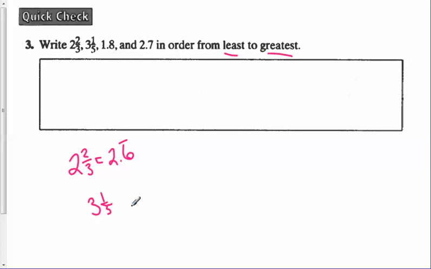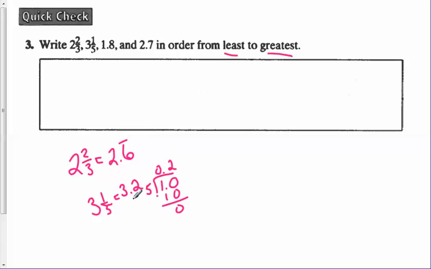I know it's going to be 3 point something, but I need to convert that 1/5 into a decimal. 1 divided by 5: I can't put 5 into 1, so it's 0, add my decimal point and a 0, and 5 goes into 10 twice. I subtract, I have 0 remainder, so 3 and 1/5 is the same as 3.2.